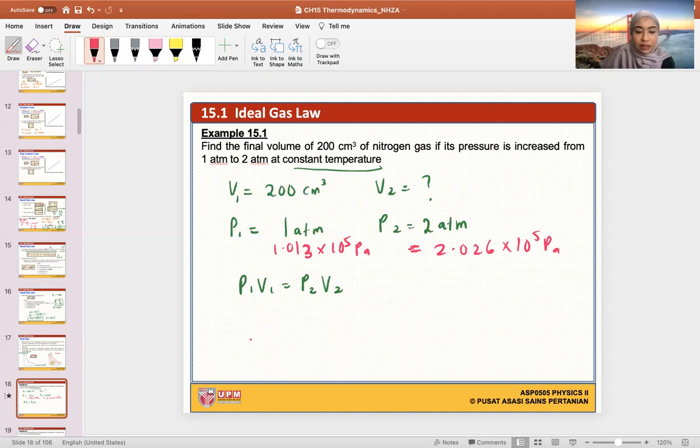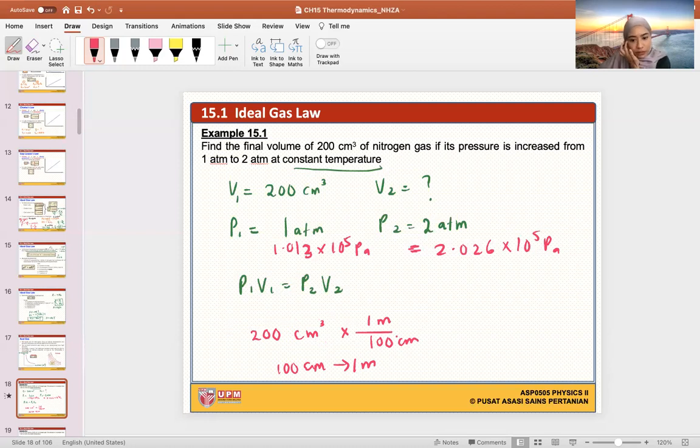Okay, let's do this together. So everyone, please pay attention on how to convert 200 centimeter cube. So we have centimeter in cube form. If I want to convert cm to meter, I have to divide by 100, right? So 100 centimeter is 1 meter, which means that to convert it to meter, I need to multiply with 1 meter over 100 centimeter.